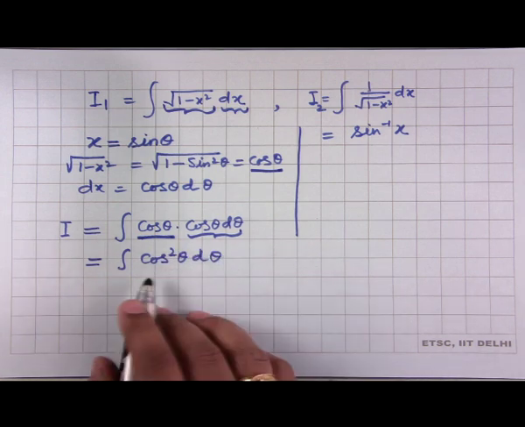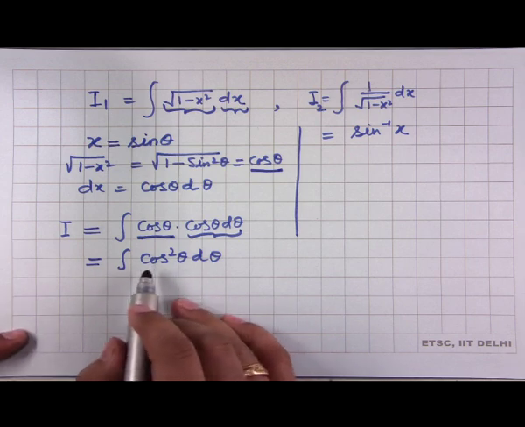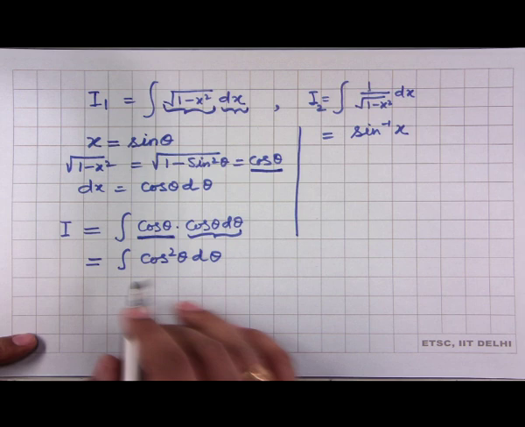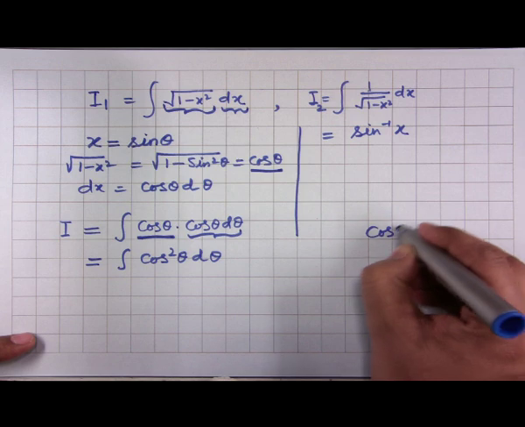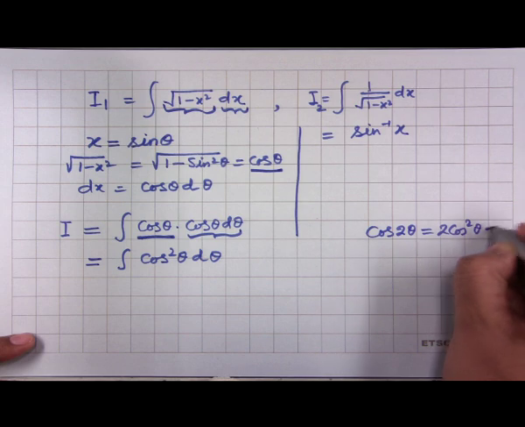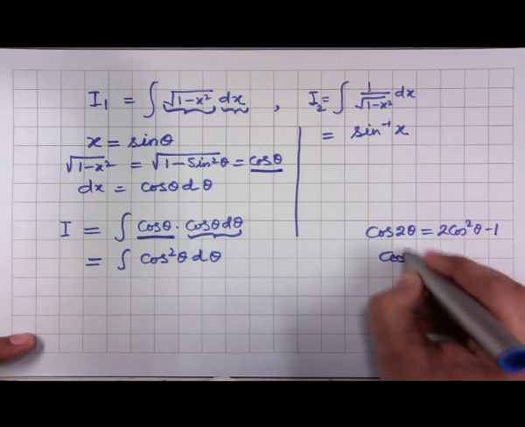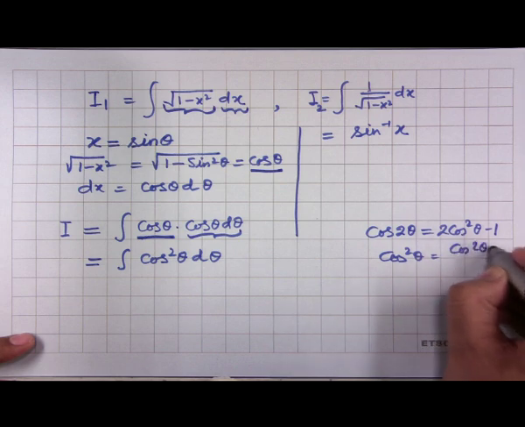This I think you can guess now that we can evaluate, since it has a quadratic term here. So, first of all we have to convert it into a linear form of cosine. Fortunately, we know the formula: cos of 2 theta equals 2 cos square theta minus 1. So, which will give me cos square theta equals cos 2 theta plus 1 by 2.